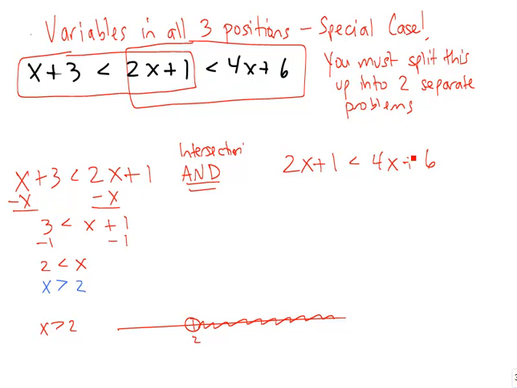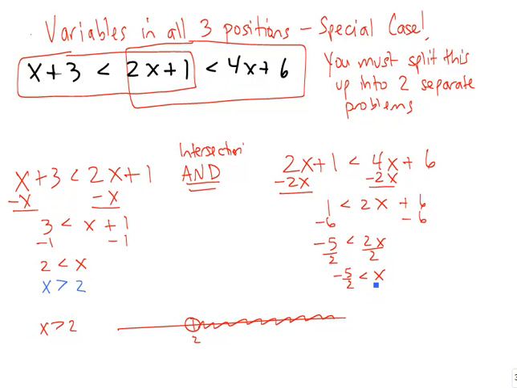Now we need to do the right problem. If we go and solve this, we'd want to subtract 2x from both sides to get those x's together. We get 1 is less than 2x plus 6. Subtract 6. We get negative 5 is less than 2x. And then finish it off by dividing by a positive 2. You don't need to flip because we're dividing by a positive, but you might want to flip now because, again, it's backwards.